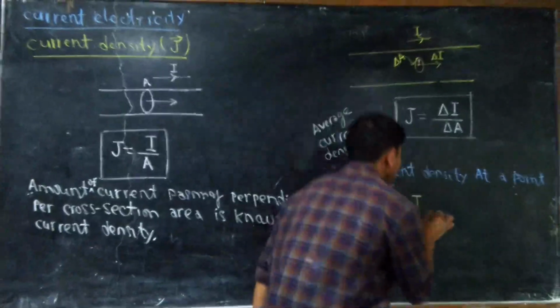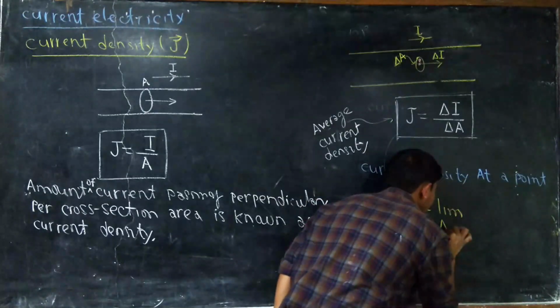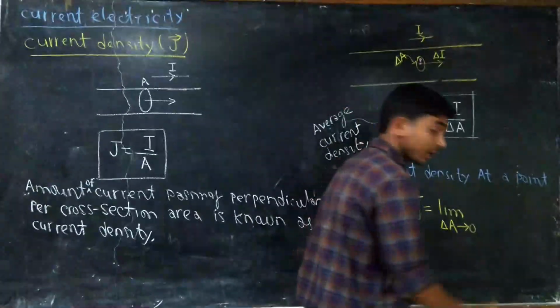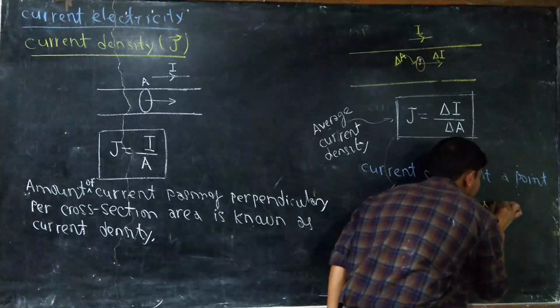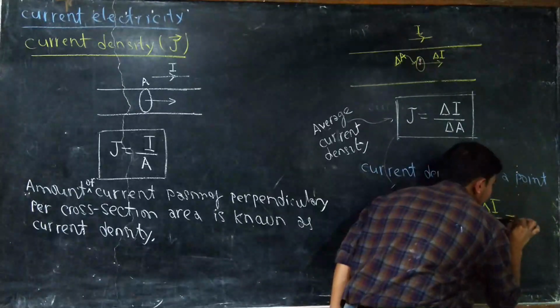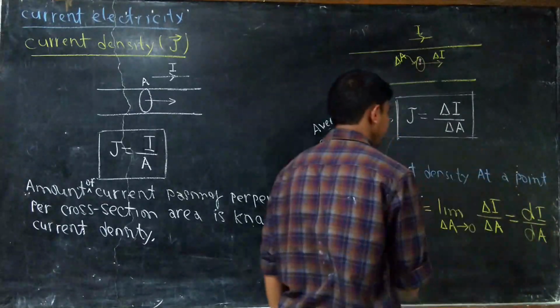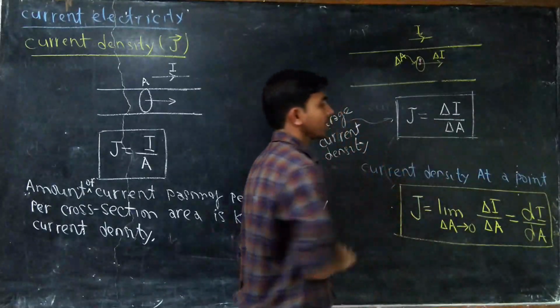So current density at a point can be written like this: limit delta A tends to 0, delta I by delta A, which is dI by dA. So this is the formula to find current density at a point.